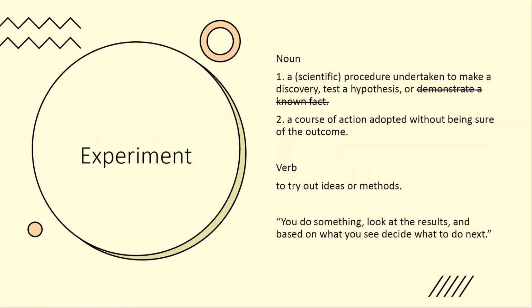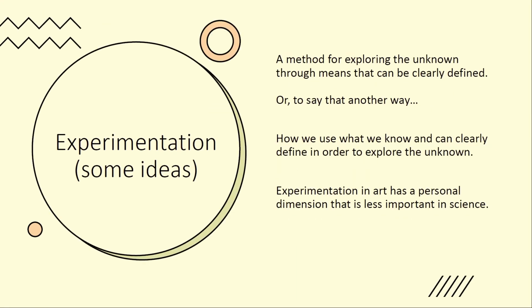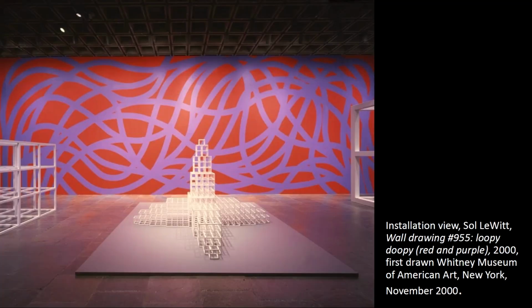And that is exactly what I referred to previously, that experimentation is a way of working with what we know and can clearly define in order to explore the unknown, right? So Sol LeWitt's instructions are very clearly defined, but they are also a way of exploring the unknown.